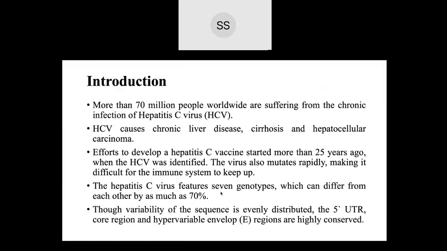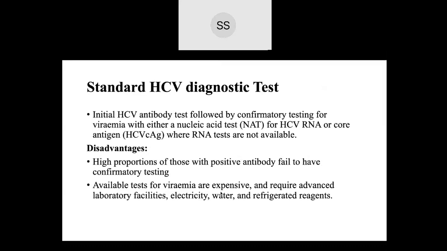Hepatitis C virus has 7 genotypes, which can differ from each other by as much as 70%. However, the 5' UTR and the hypervariable E region are highly conserved sequences in all the hepatitis C virus genomes. The current standard method for testing hepatitis C virus is the RT-PCR test, and other than that is the antibody test, which sometimes provides cross reactivity, and the antibody test also has a low sensitivity.